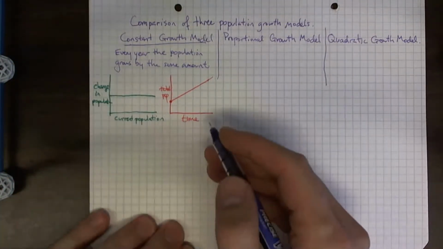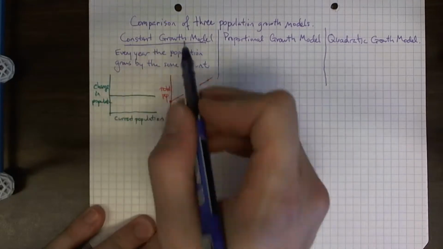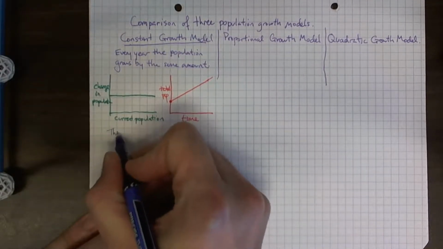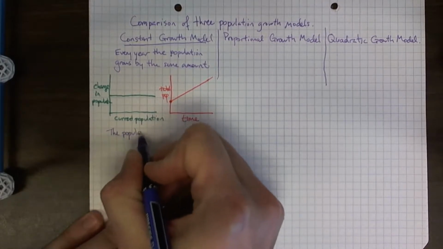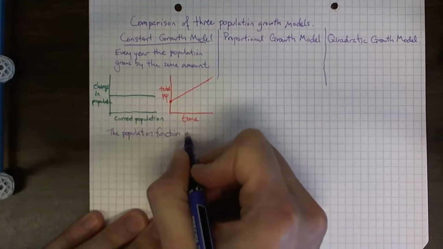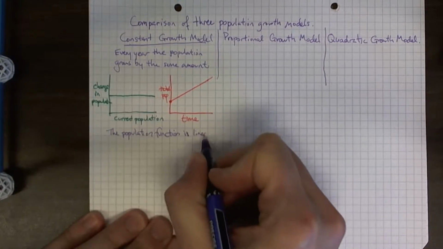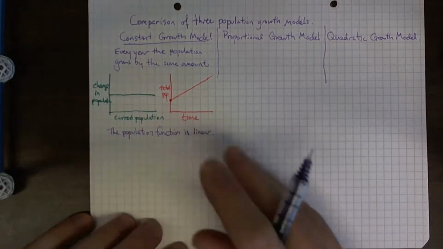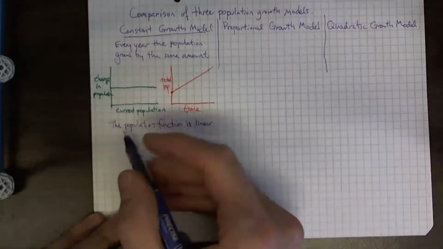All right, so what we see here is that we have a constant growth, but the population function is a linear function. Okay, so what does that look like, right?